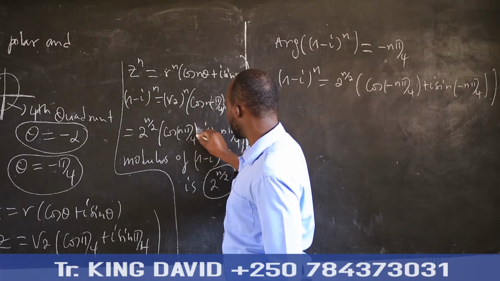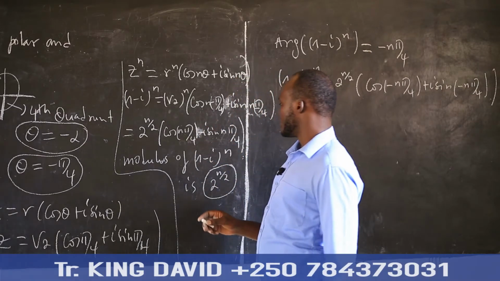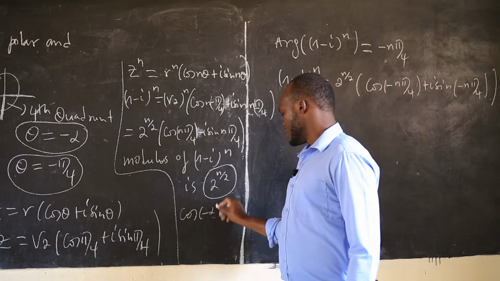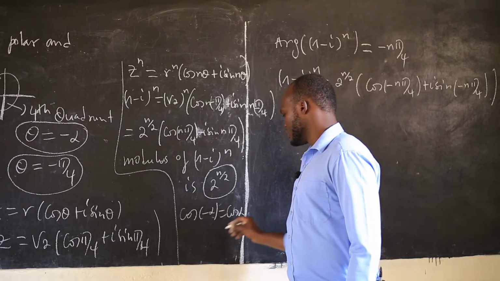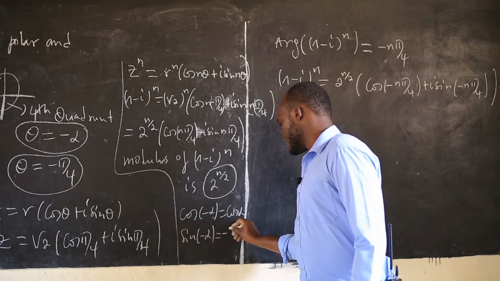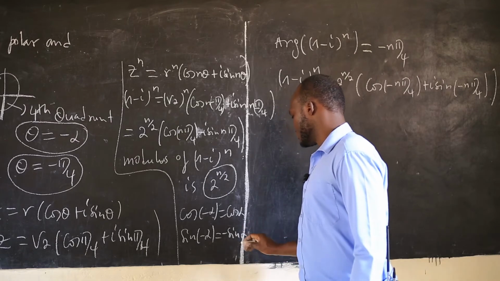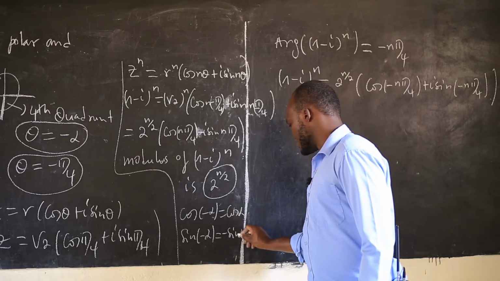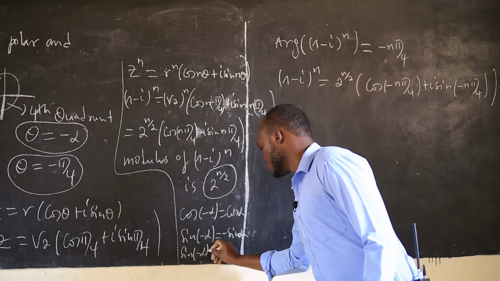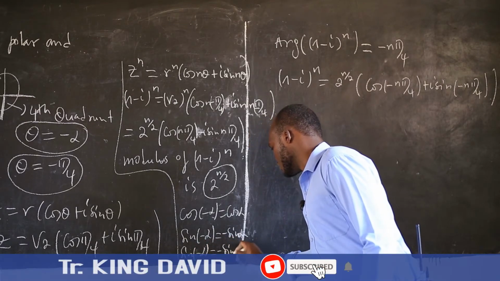You know that cos of a negative angle is the same as cos of that angle. Sine of a negative angle equals minus sine of that angle.